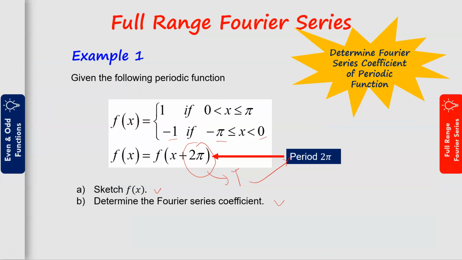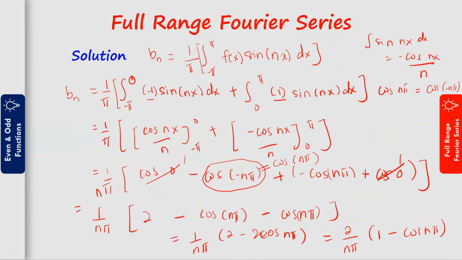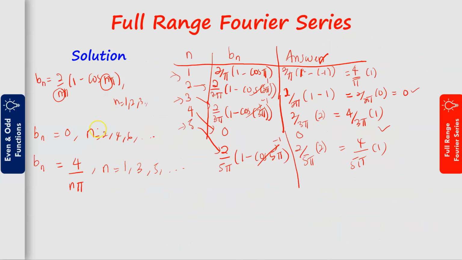Means that our Fourier series will be f(x) equal to the sum of n equals 1 up to infinity, bn multiplied with sine n omega t, or n omega x.